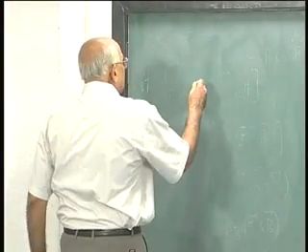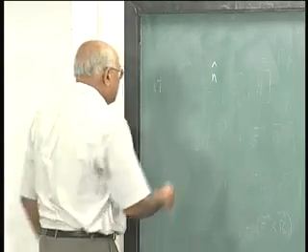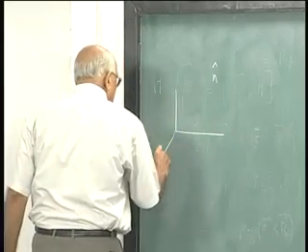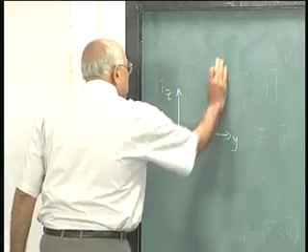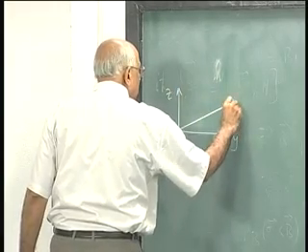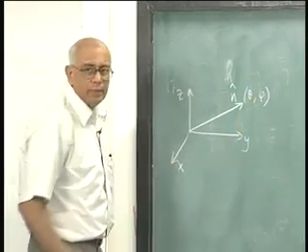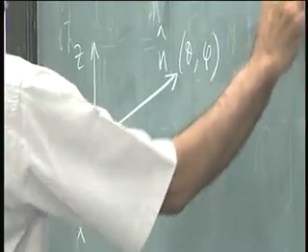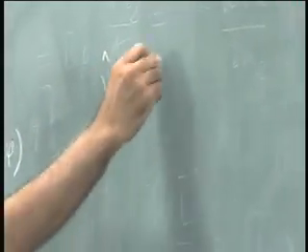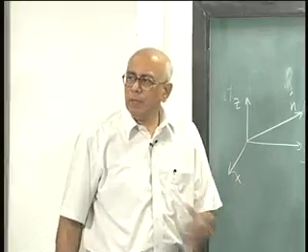So let us take some arbitrary unit vector n in space with respect to my fixed coordinate system, specified by polar angles theta and phi. What are the components of this n? It is a unit vector, the polar angles are theta and phi, and the magnitude is 1.